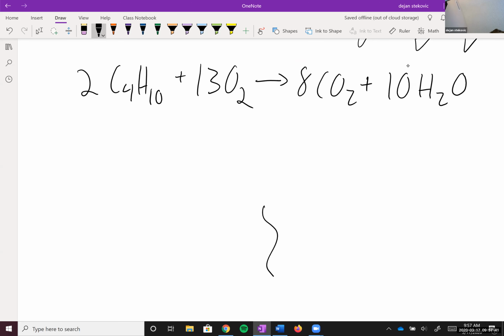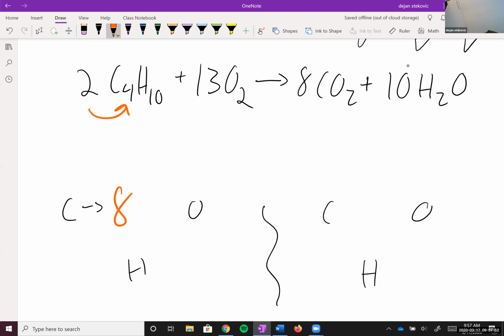So on my reactant side, I have carbon, hydrogen, and oxygen, and the same on the product side. So let's see. Here I have 2 times 4, so I have 8 carbons here. Here I only have carbons on this side, so just 8 carbons right there. For hydrogens, I have 2 times 10, so I have 20 of them.